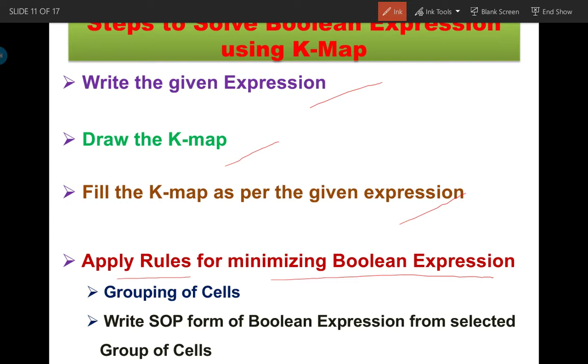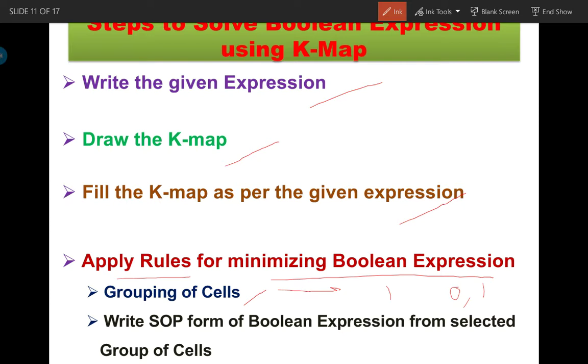So for that, first of all, we should know how to make the groups of the cells. Okay, so after filling the K-map, the next step is to make groups of the cells. How to make the group of the cells means the different cells which contain 1. We have seen while filling the K-map that all the cells are filled with 0s and 1s as per the expression given.